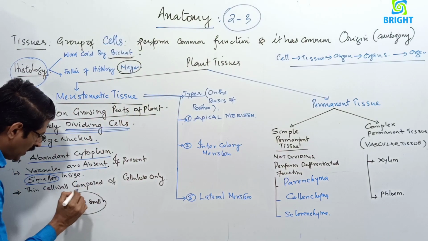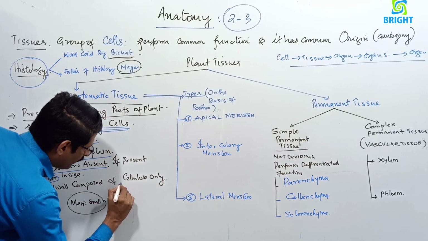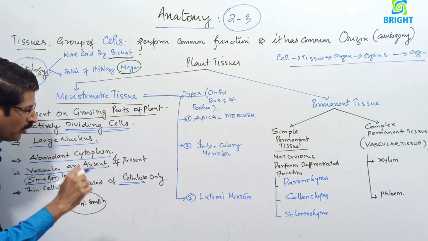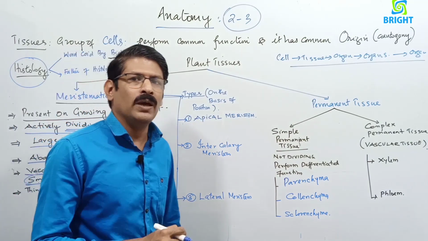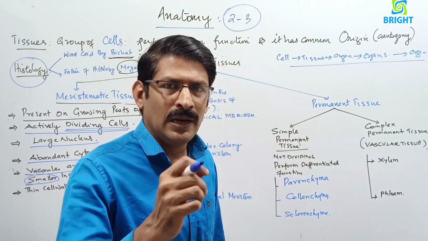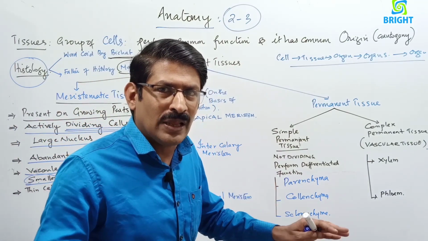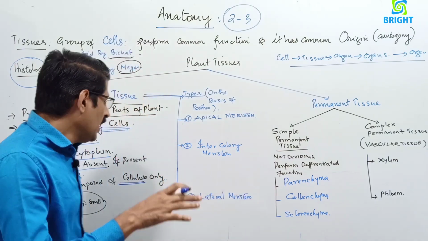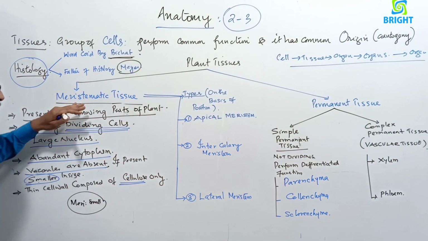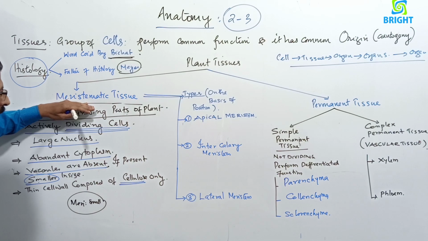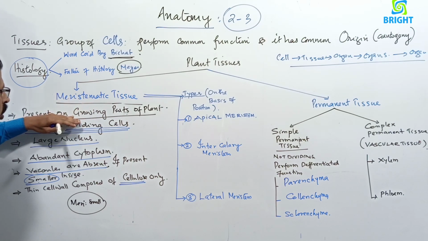The cell wall must be thin and composed of only cellulose, that is, no other chemicals like hemicellulose, pectin, suberin or lignin are present in meristematic tissue.